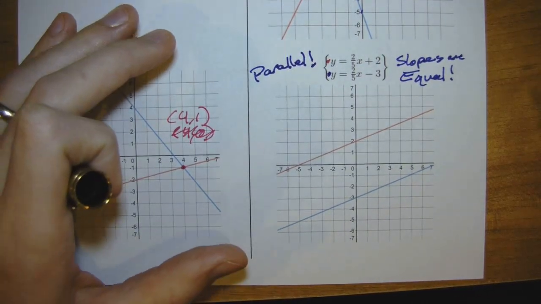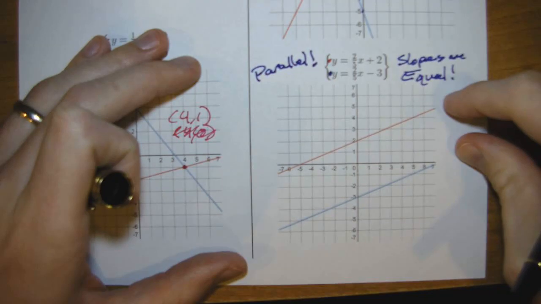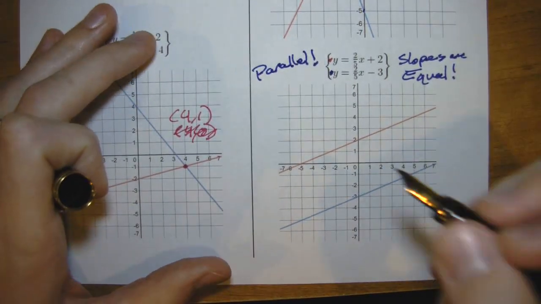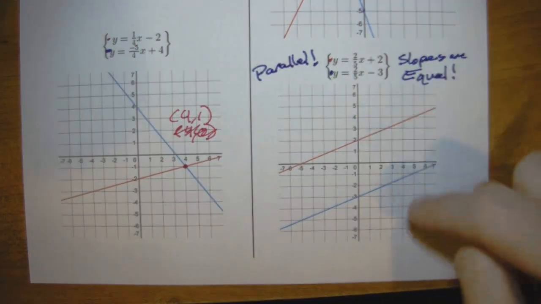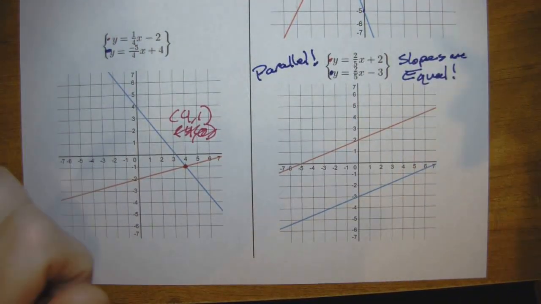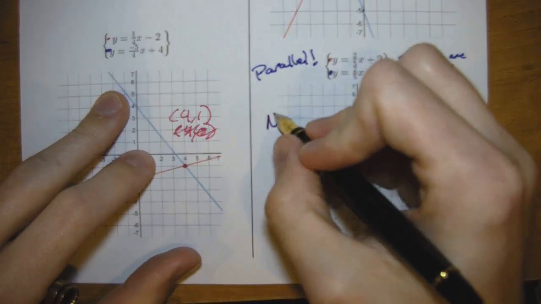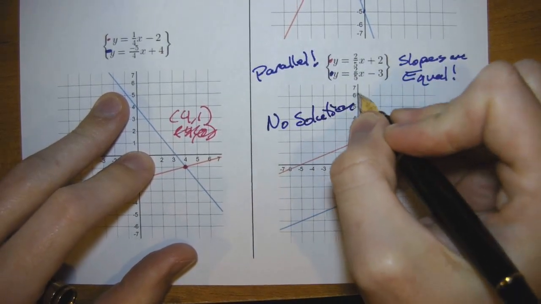And if our lines are parallel, then they will never intersect each other. This is like a set of railroad tracks. They'll simply go on forever and never cross. Since they don't cross, there is no solution. There is no intersection point where our two lines will meet up. So for a solution, instead of writing out an ordered pair, we'll simply state that this situation has no solution.